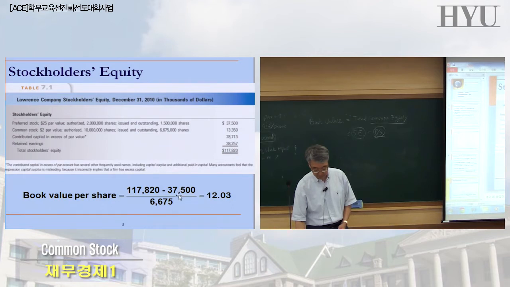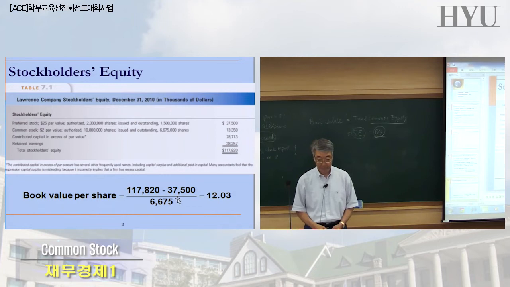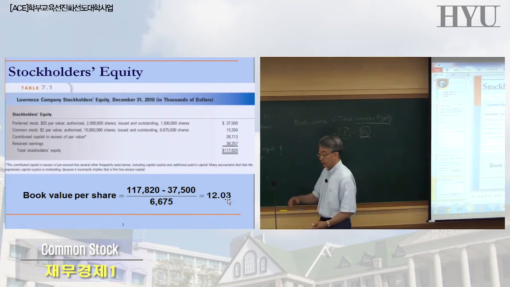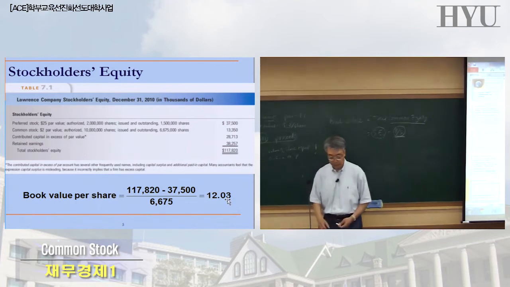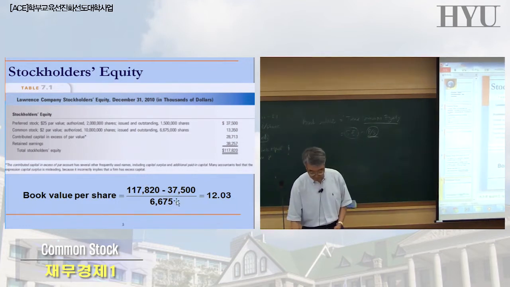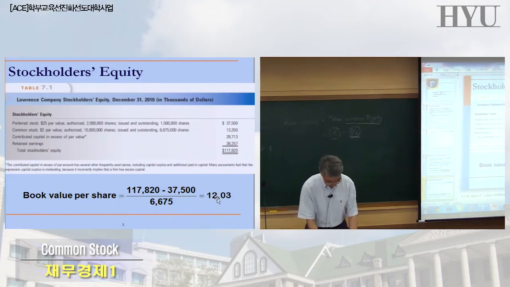And then you divide it by the number of outstanding shares, and you come up with $12.03. So the total book value of the company is what's on top, in the numerator. And if you divide it by the number of outstanding shares, then that's the book value per share.